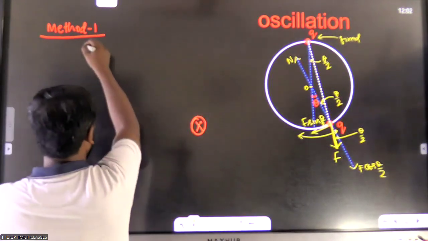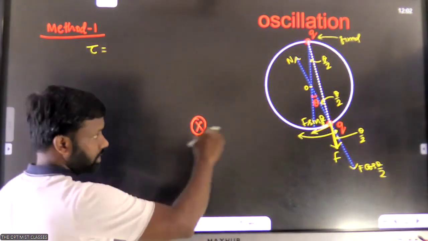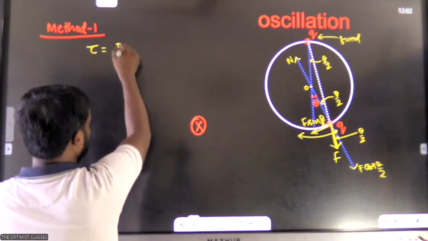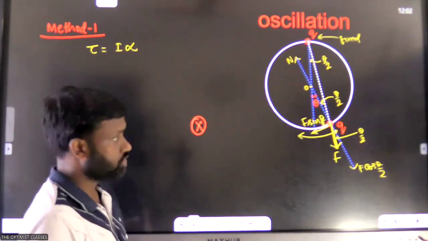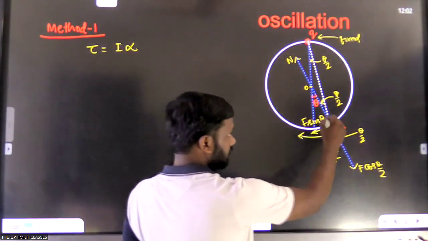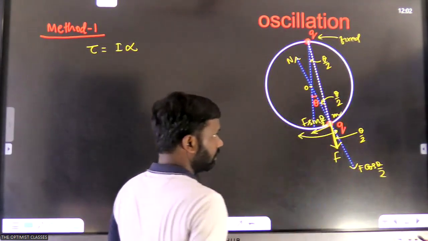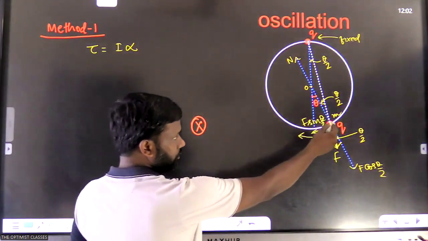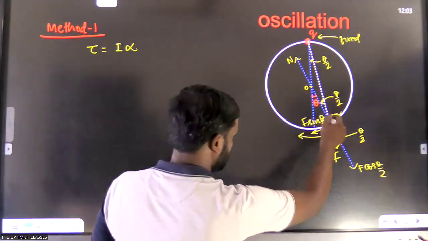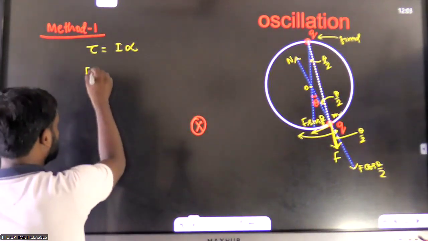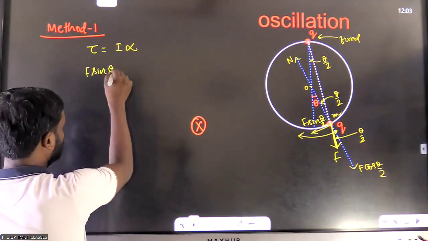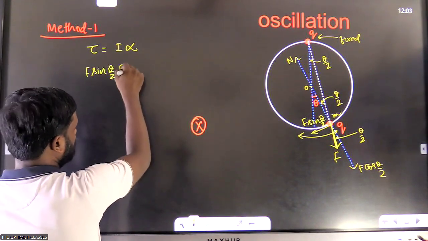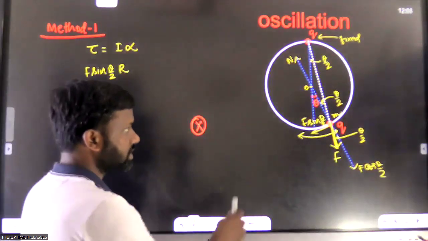So let us write the equation of motion for rotational motion. Torque equals I alpha, where I is the moment of inertia of the bead. This bead is oscillating, and its mass is M. The torque will be the force times its perpendicular distance from the center, R, so it is F sine theta by 2 times R. This torque is a restoring torque.